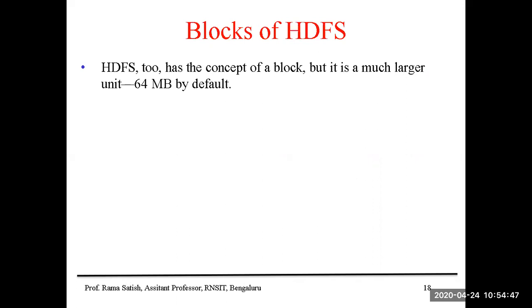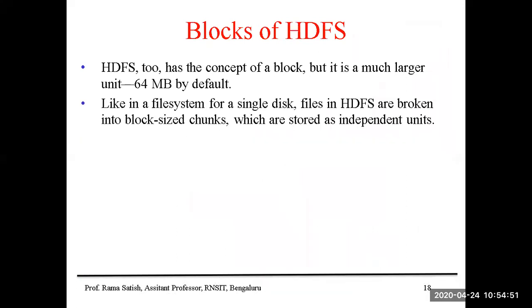64 MB is the default in Hadoop 1.0. HDFS breaks the file into small, equal-sized chunks, block sized, which are stored as independent units.